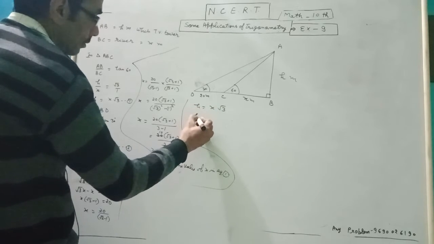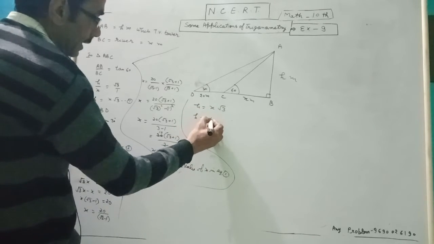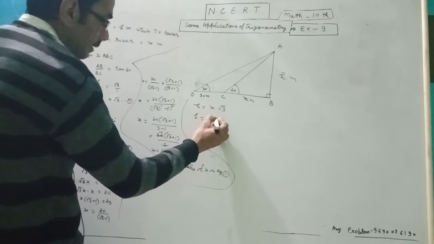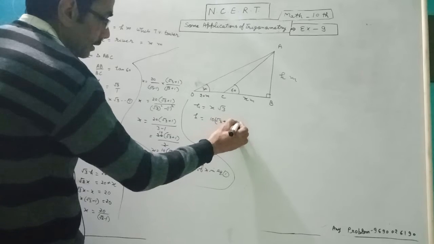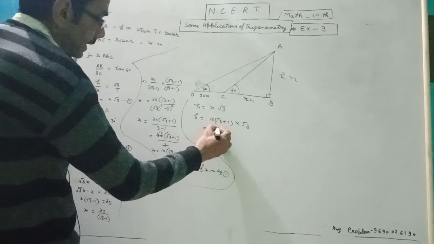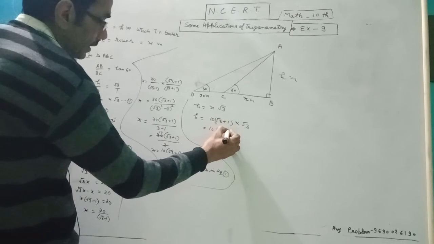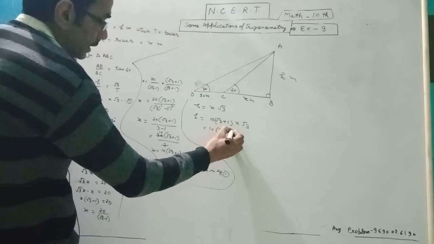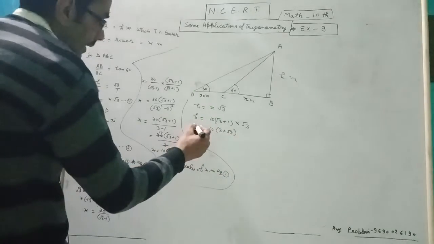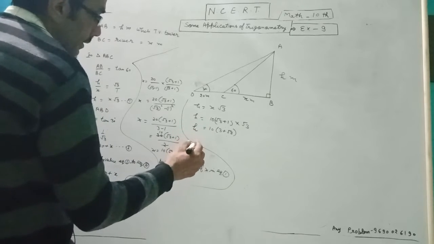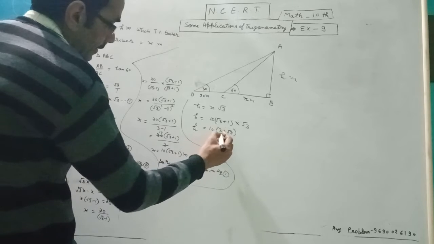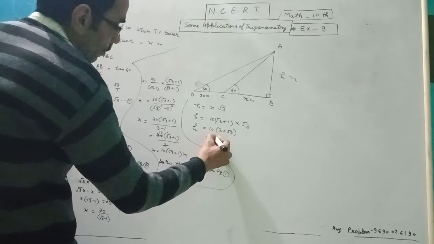X value is equal to 10 bracket under root 3 plus 1 into under root 3, 10 bracket 3 plus under root 3 by multiply. H is equal to 10 bracket 3 plus under root 3.